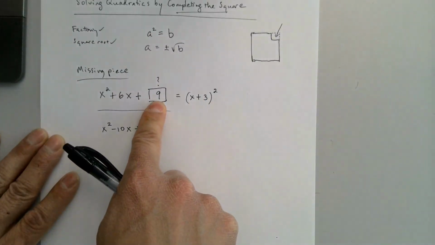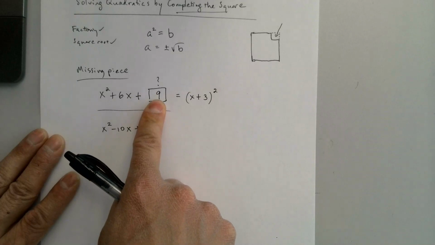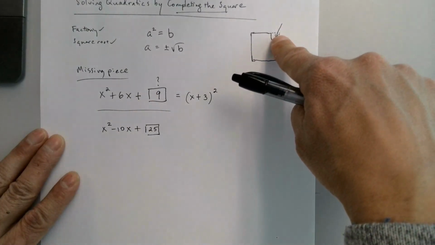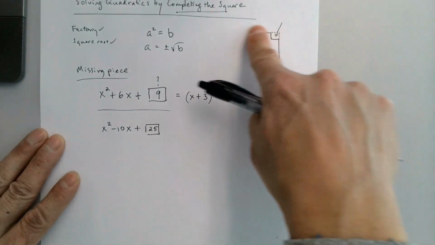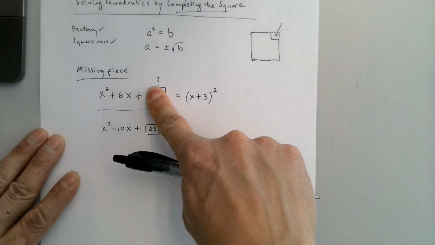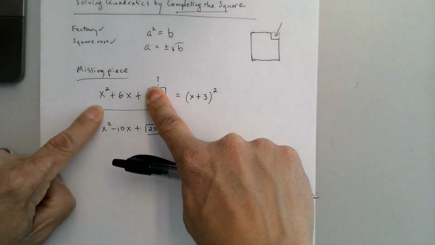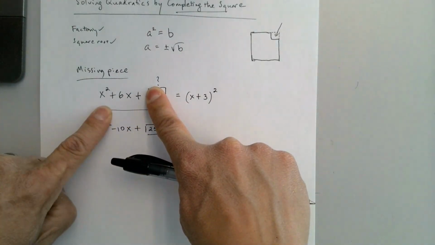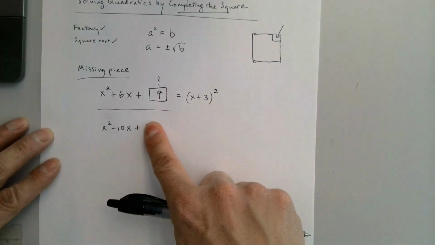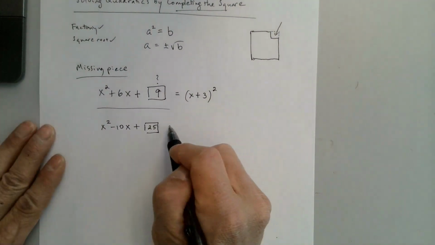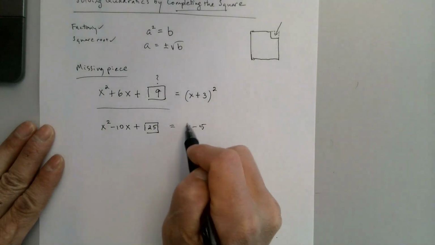When I put a 9 in that box, what I'm doing is saying I need a value of 9 in that corner to make this a perfect square. Without that 9, this is not a perfect square. It's just a binomial that you could factor, but it's not a perfect square. Without this 25, this is not a perfect square. But with the 25, it is a perfect square, and it can be factored as such.